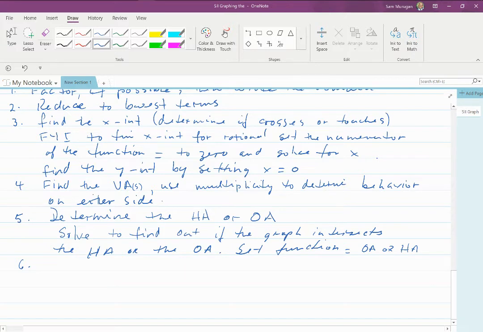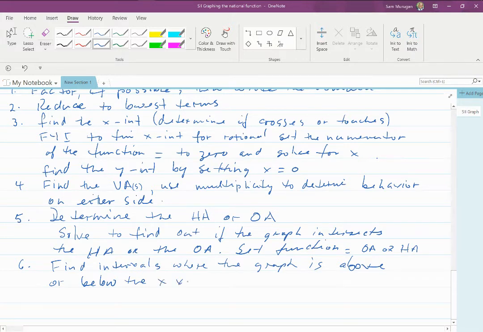Step 6, find intervals where the graph is above or below the x-axis. You may need to test values.